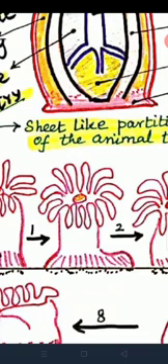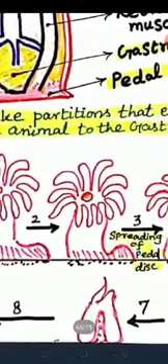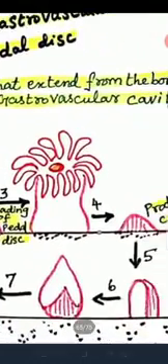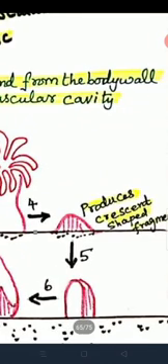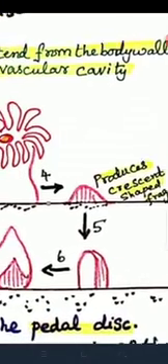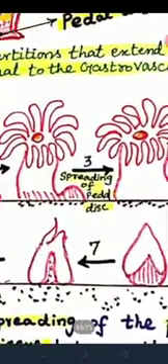In pedal laceration, first the pedal disc starts to spread. It involves the spreading of the pedal disc, then the degradation of the body column and pedal disc takes place. This degradation of tissue results in a crescent-shaped or semicircular fragment. This fragment undergoes growth and development.